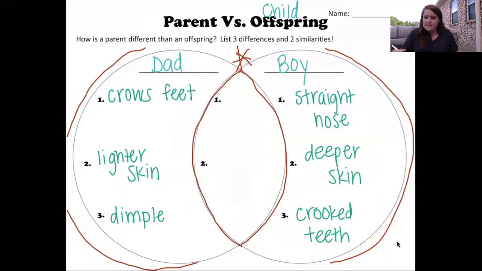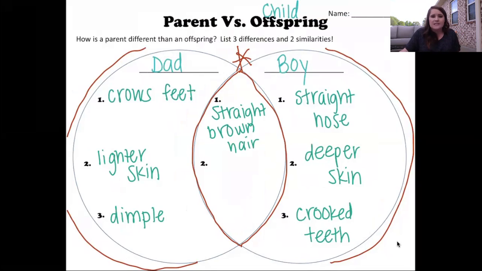So because the dad and the boy both have straight brown hair, that is a similarity. The dad passed that trait onto the son. So I'm going to put straight brown hair. That is a similarity. That's how the dad and the son are the same.